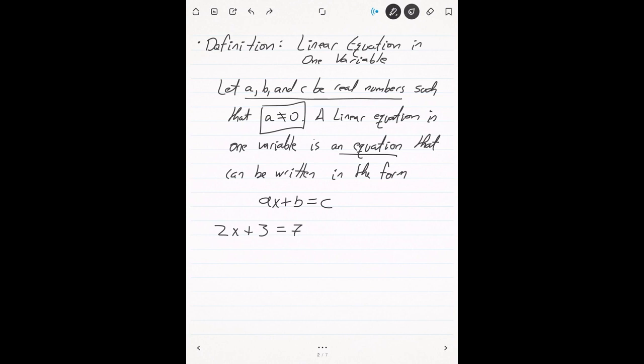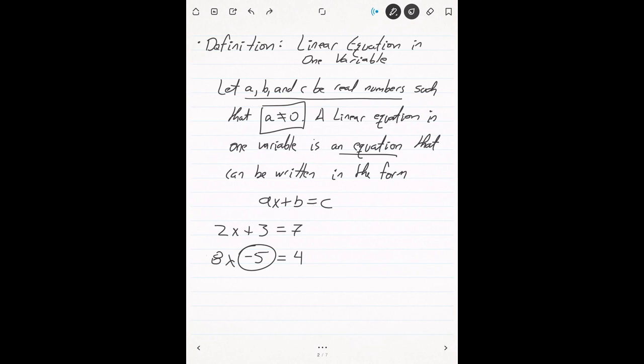Let's pick some other numbers. Maybe let's pick something like 8x minus 5 equals 4. Am I allowed to have a minus 5 here? Because in the form, it says I need to have plus a number, not minus a number.